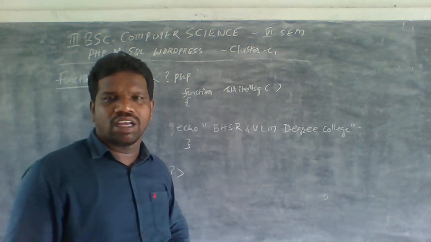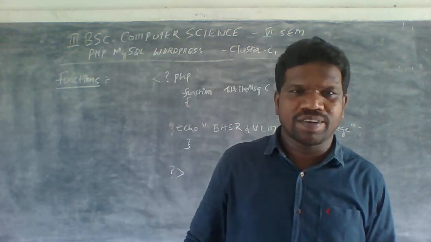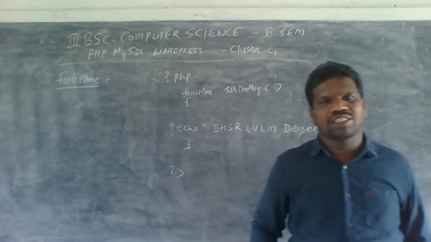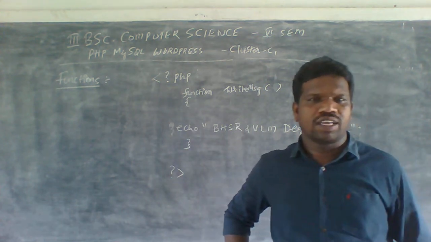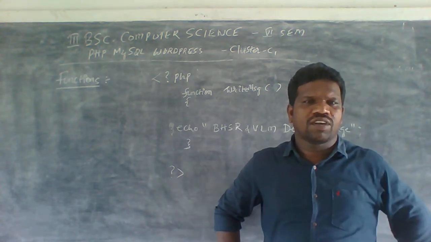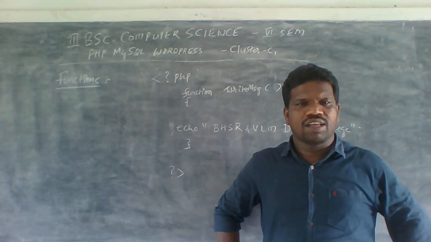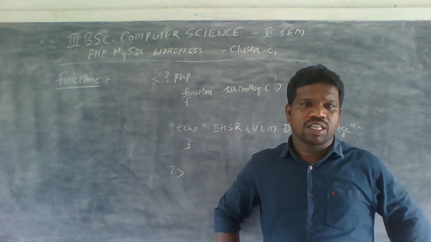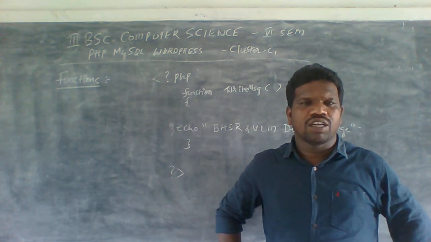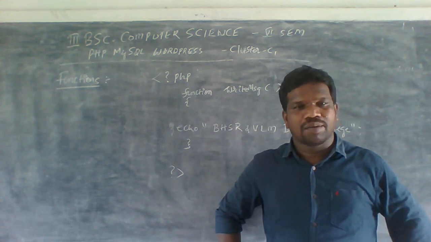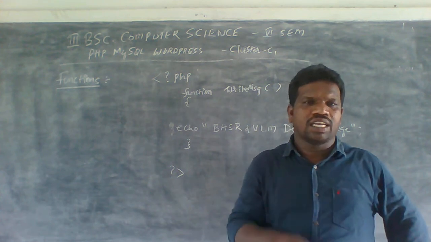While using functions, there are two kinds of functions: one is called the calling function and the other is called the called function. Whenever we call another function, the program executes that function only.